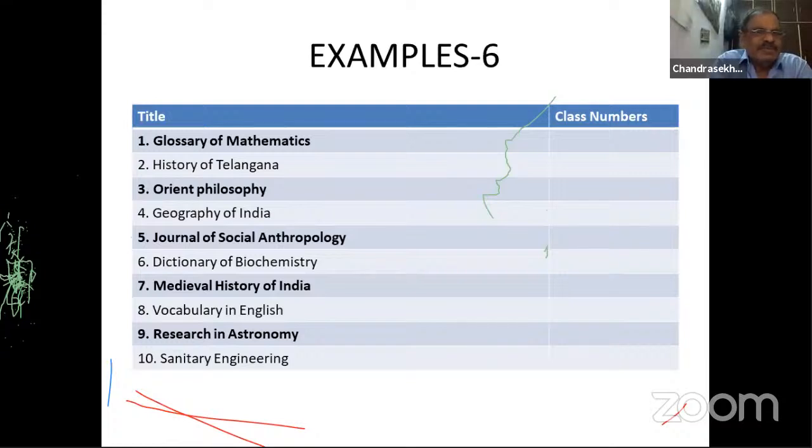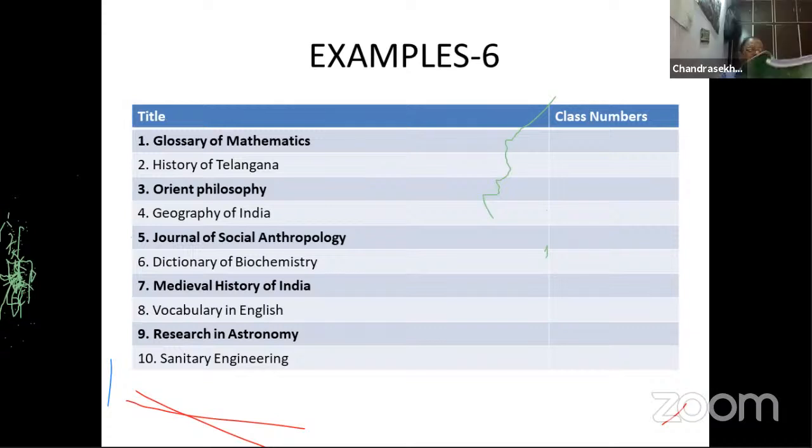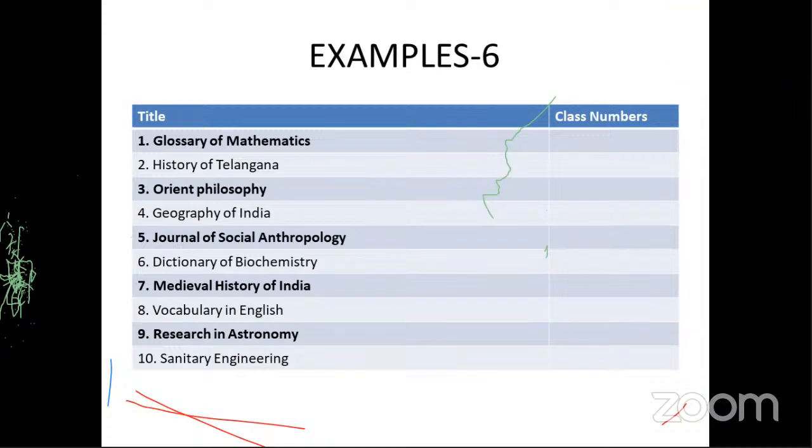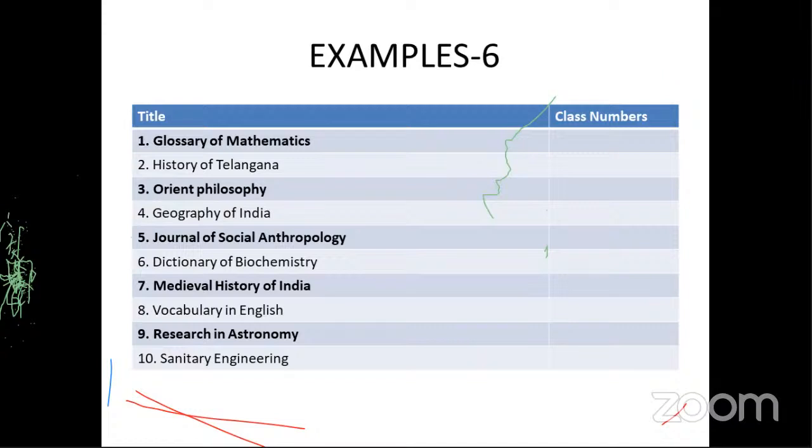So Orient philosophy. So now here is a direct number. 3 summaries లో చూడండి. 100 philosophy ఉంది. So philosophyలో ancient, medieval and Eastern philosophy, modern philosophy. So 180 చూడండి. Ancient medieval Eastern philosophy.